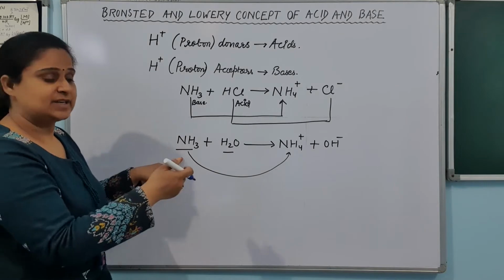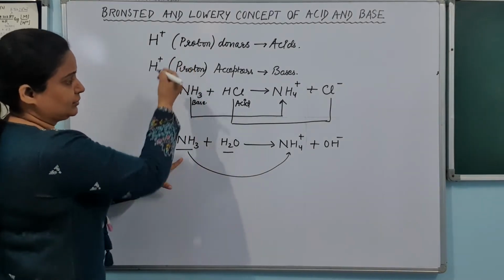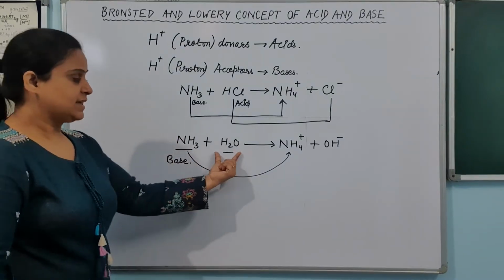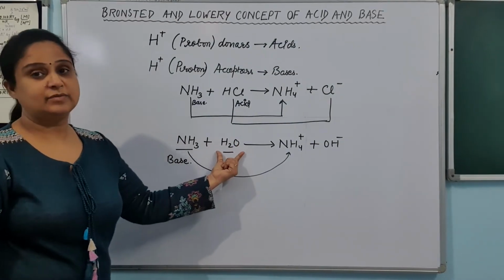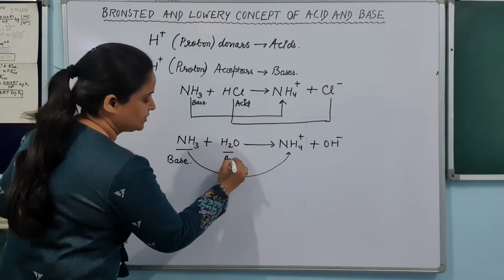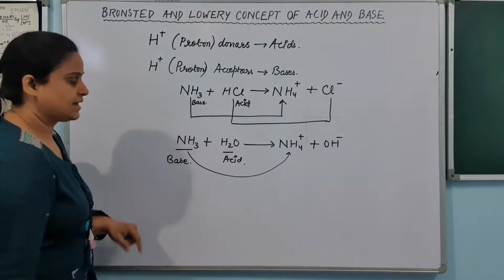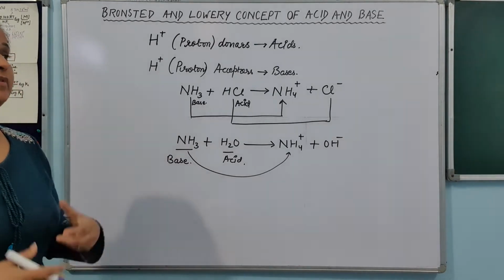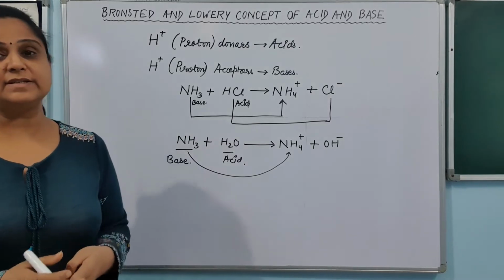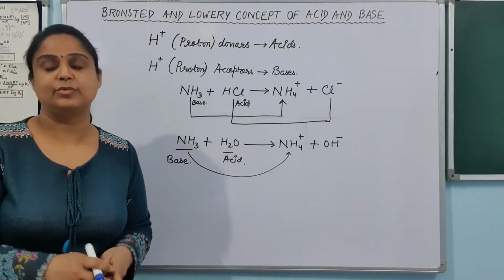By the acceptance of a proton, so I will call it a base. From whom did it take the proton? From water. So water has donated the proton, and it is working as an acid. In that way we explain the acidic and basic behavior of various substances which do not have OH-.